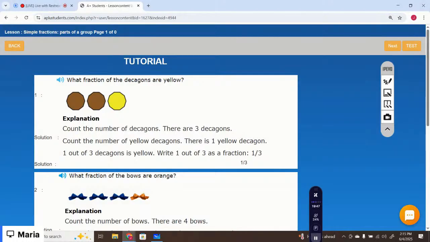There are three decagons, and one out of three is yellow. Let's just start with the test questions.